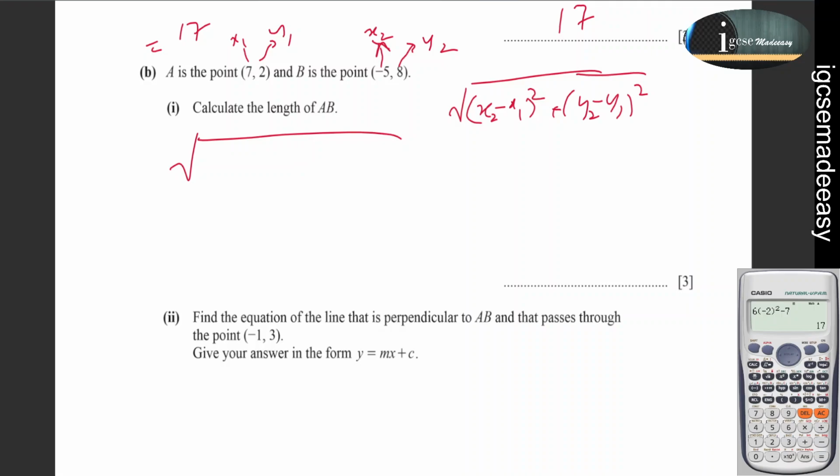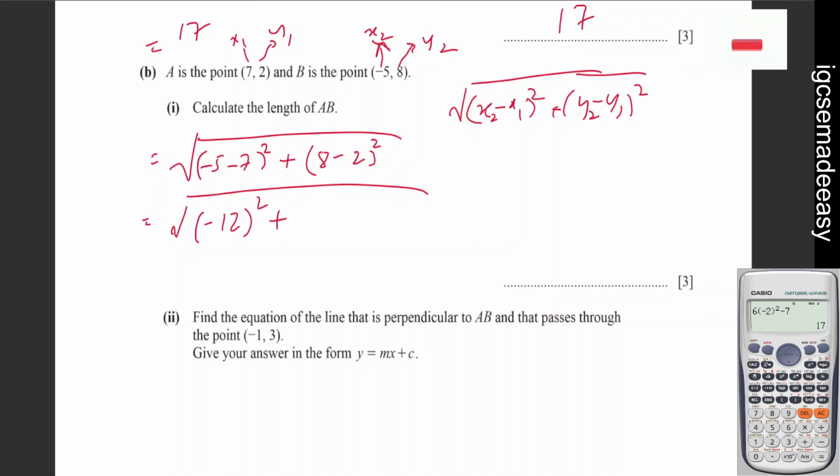So x2 minus x1 whole square, plus y2 is 8 minus y1 is 2 whole square. If I use my calculator to solve, let's do a little bit further. Minus 5 minus 7 is minus 12 square, plus 8 minus 2 is 6 square. So let's use our calculator to solve this now.